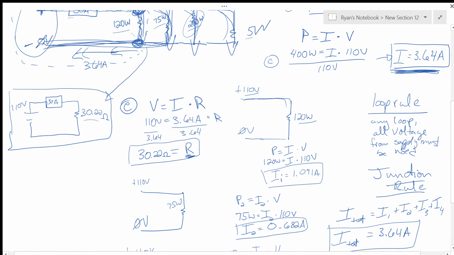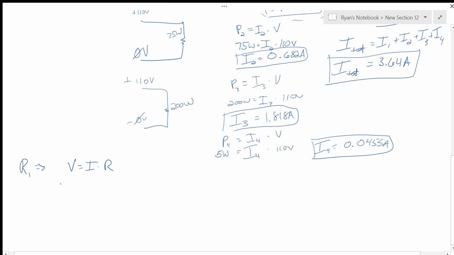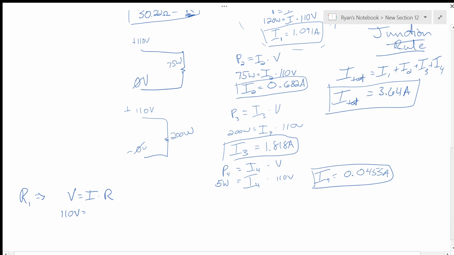Just to remind you, that's resistor 1, the 120 watt laptop. What do we know about the laptop? It had 110 volts across it, and it had a current that we just figured out earlier, I1, which is 1.091 amps. And so R comes out to 100.8 ohms.